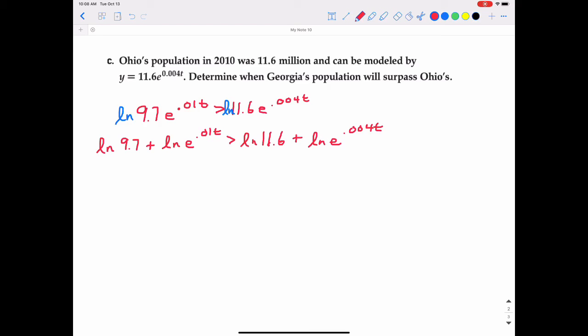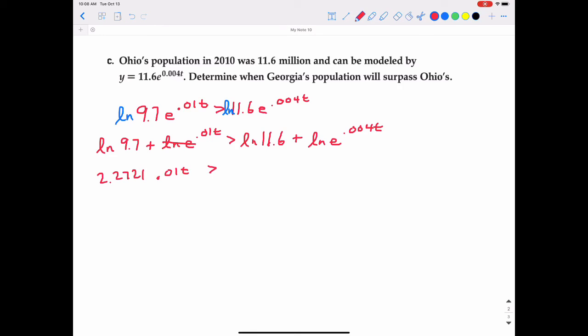Okay, so the natural log of 9.7 is about equal to 2.2721. And we already know what the natural log of e to the 0.01 t power is because that'll cancel each other out. So that's just going to be 0.01 t.